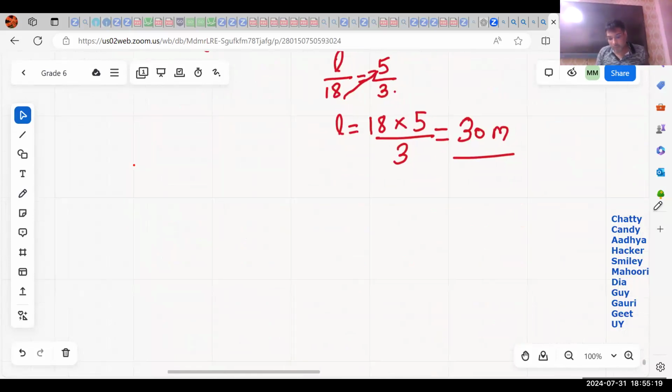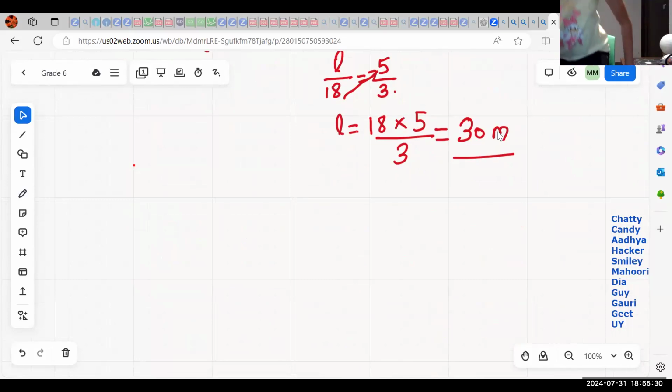Mahuri and Chetty, which question is your doubt? So should I go and get the book? It'll take 1 minute. Yes, beta, of course. Quickly. So can I also get? Yes, Smiley, you also can get.